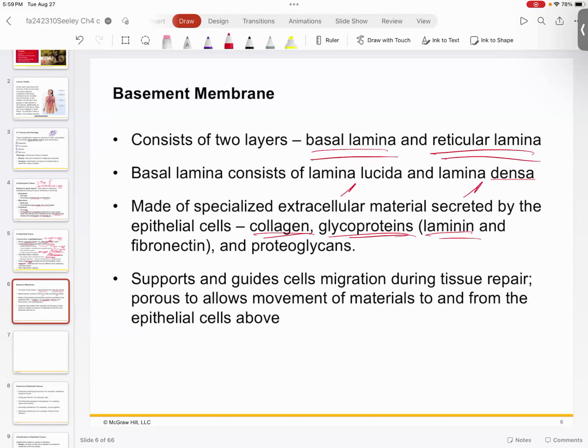These are the dominant types of glycoproteins that are there. And then proteoglycans, also a polysaccharide type of structure. And so this is part of what your basement membrane is. So really, it's kind of an extension of the extracellular matrix, the ECM.